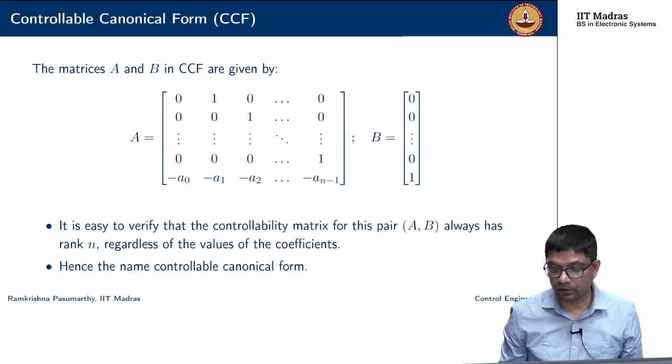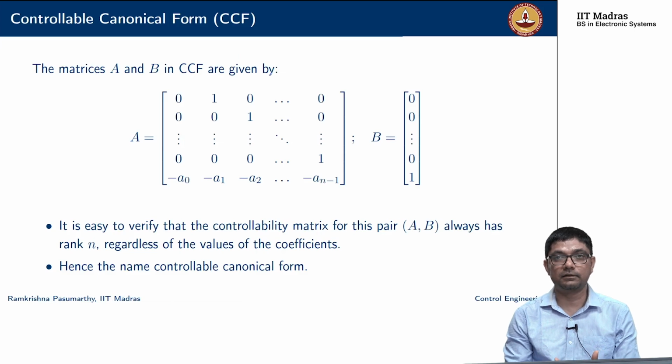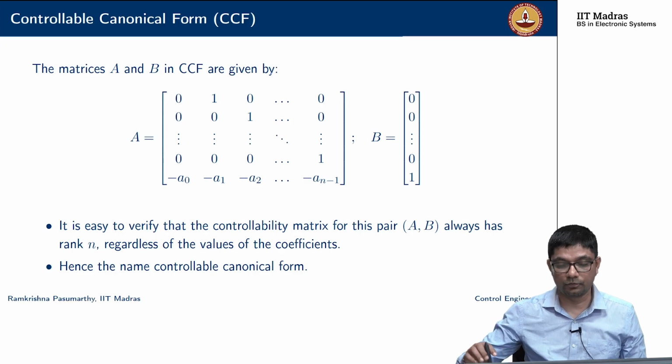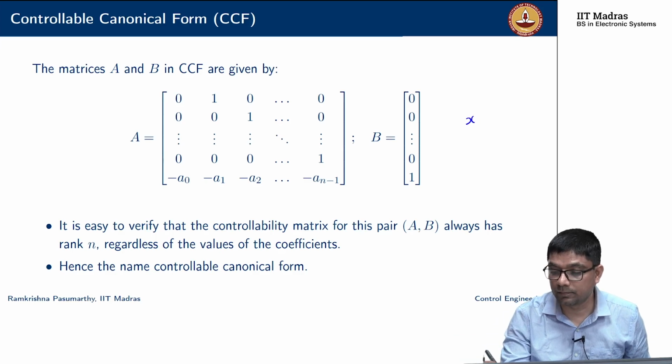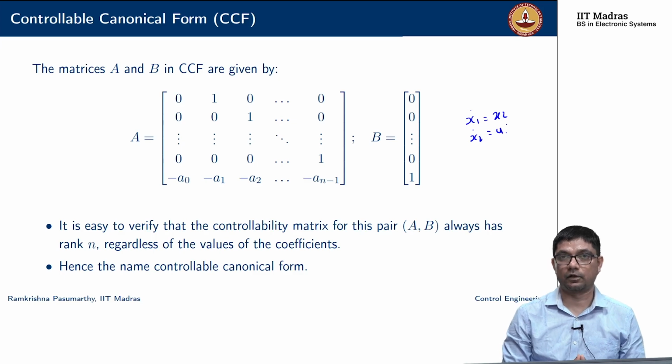And where the controllable canonical form fits in is, any system with this structure will always be controllable. The A's could also be 0. I can simply have a system of x1 dot equal to x2, x2 dot equal to u, and check that this system is still controllable, and hence the name controllable canonical form.